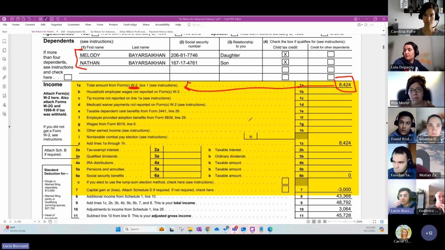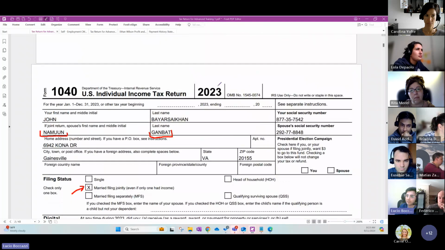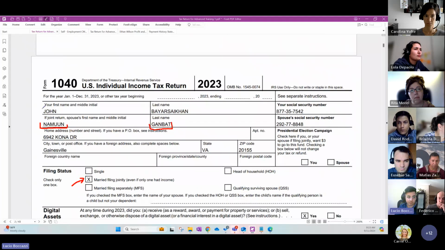Thank you, Carrie. So one thing that came up yesterday during the training with the other team was what happens if they're actually now divorced. Remember that when it comes to tax returns, we're looking at the last year. So there is a chance that John and Namun actually got divorced in the beginning of 2024.